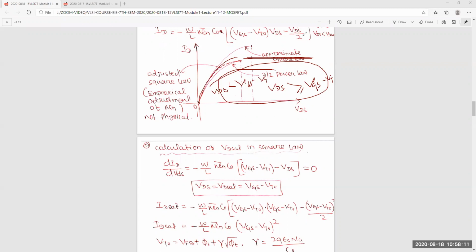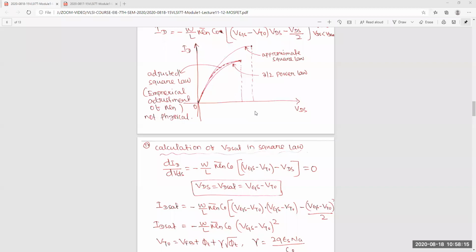And another thing is there, that is the cutoff region. Cutoff means the transistor is cut off. The transistor is not on. There is no current. So when will the transistor be off? When VG is 0. Anyone? VGS less than VT.